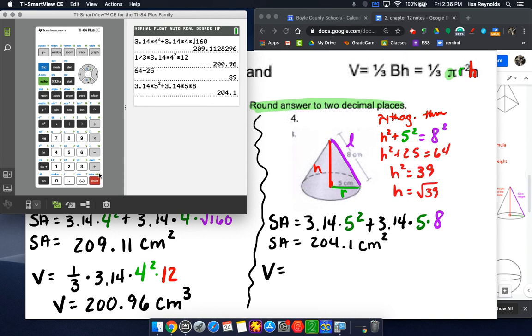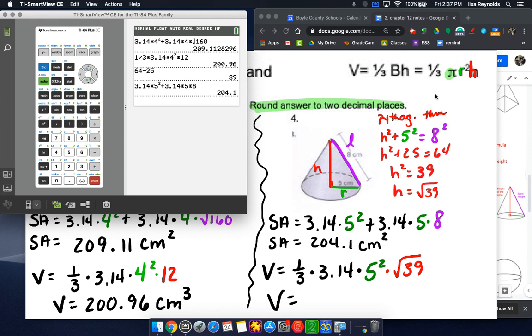Now for the volume. So our volume formula over here, 1/3 pi r squared h. So it always has the 1/3 times, this time 3.14 for pi, times our radius value of 5 squared, times our height value of the square root of 39.